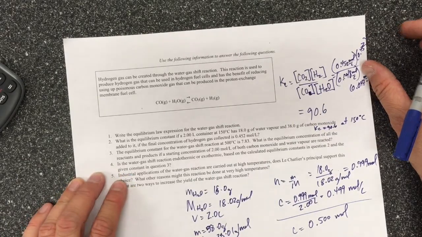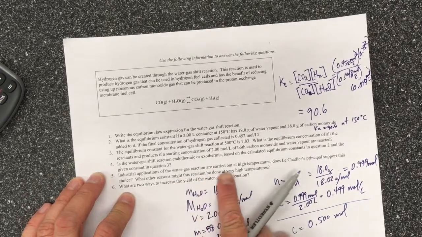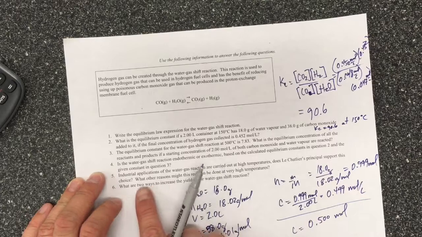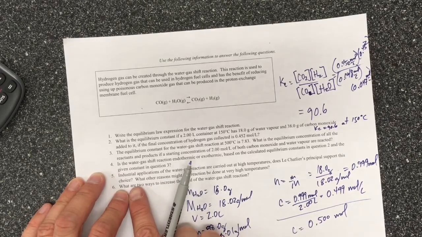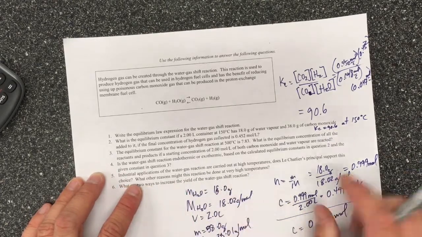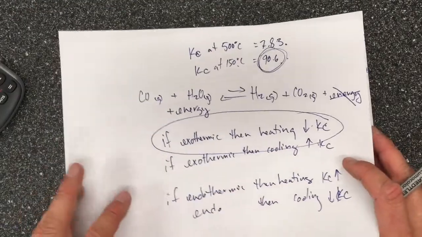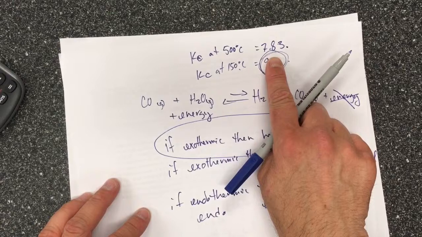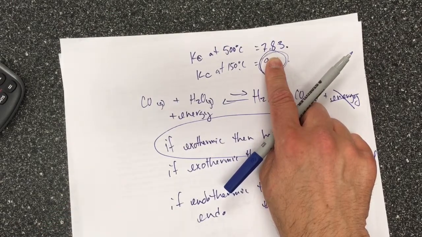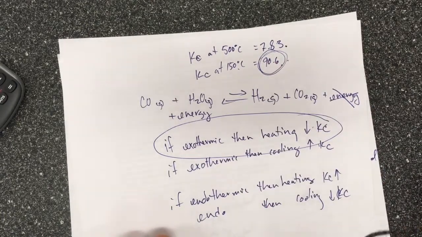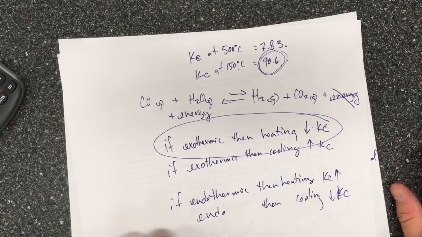So question 5 says, industrial applications of the water-gas reaction are carried out at high temperatures. Does Le Chatelier's principle support this choice? What other reasons might you do this? So they do this reaction at high temperature, but the Kc is actually kind of low, so we're going to get less products. If we are getting less products, that's not industrially favorable. Why would we want to do that?